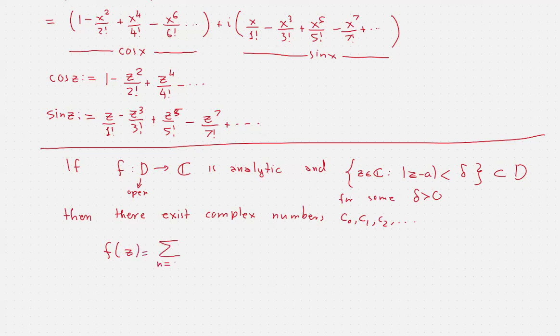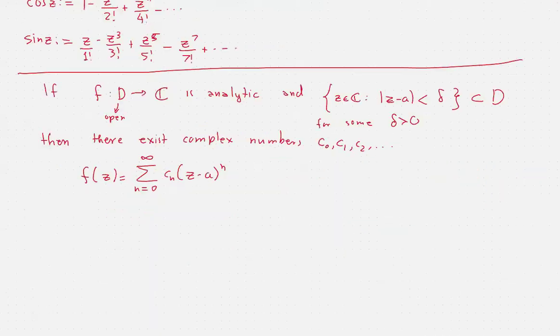So in other words, every analytic function is an infinite polynomial on every disk contained in its domain of definition. This is huge. It tells us, for example, that every analytic function is infinitely many times differentiable, which is certainly something that's far from being true for real functions.